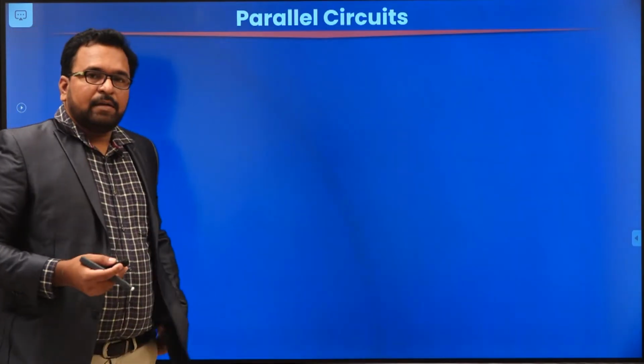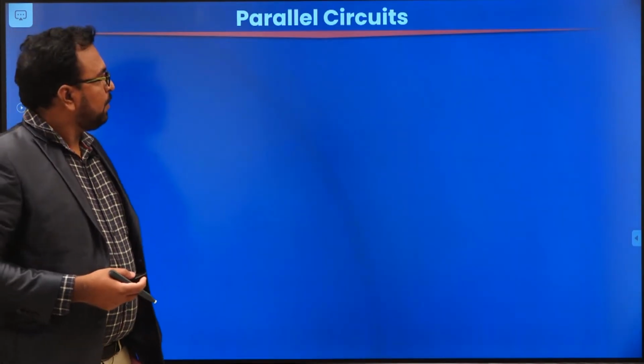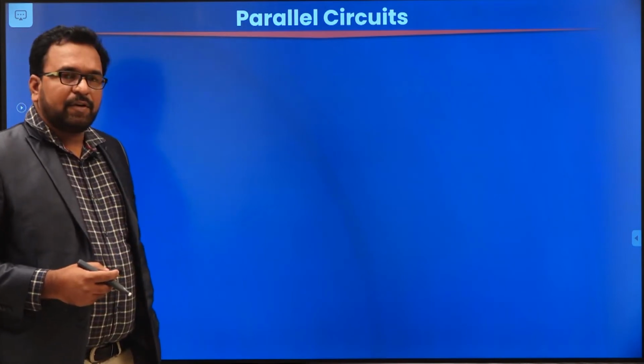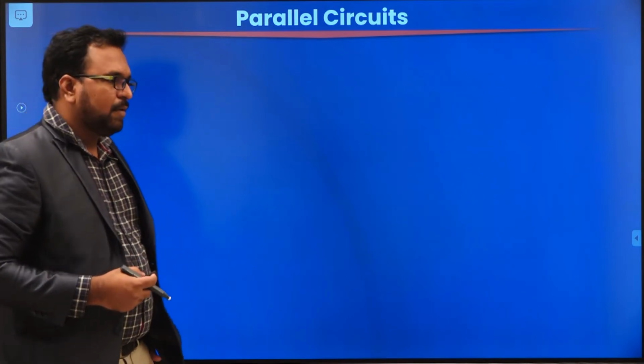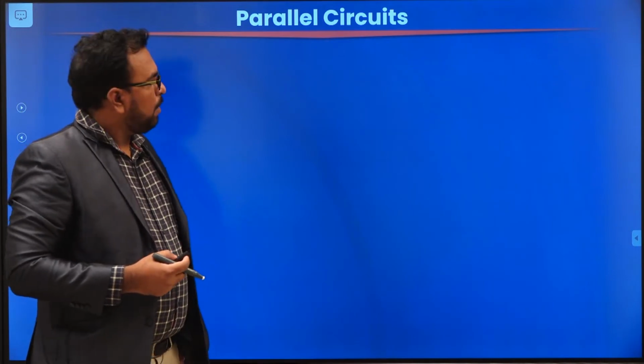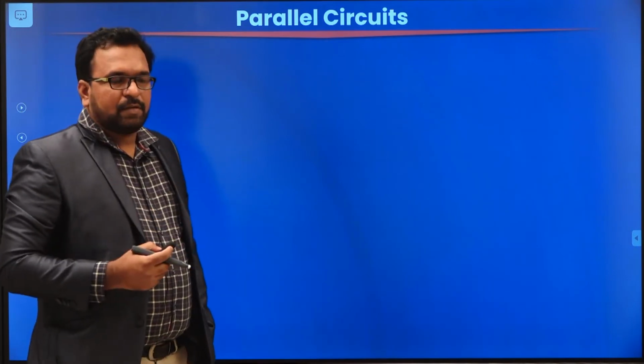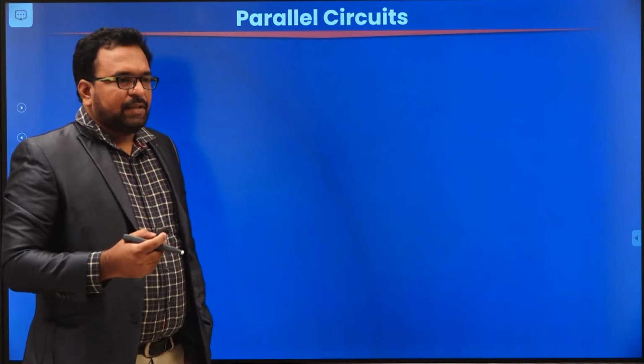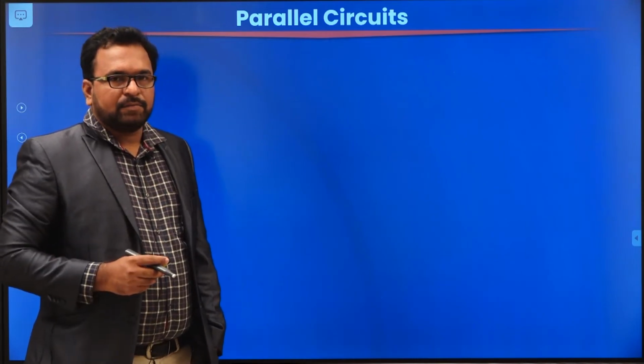Next, parallel circuits. The next type of circuits that we are going to encounter in this basic electrical and electronics engineering course is parallel circuits. So what is a parallel circuit first of all? As you know, in case of a series circuit there is only one current path to flow.